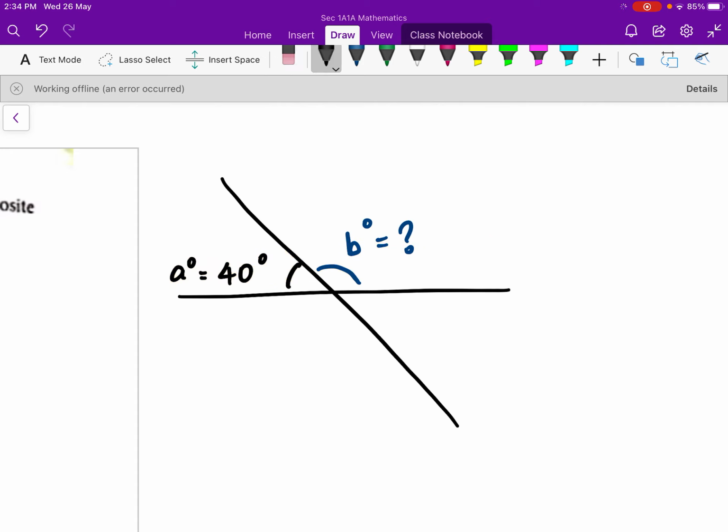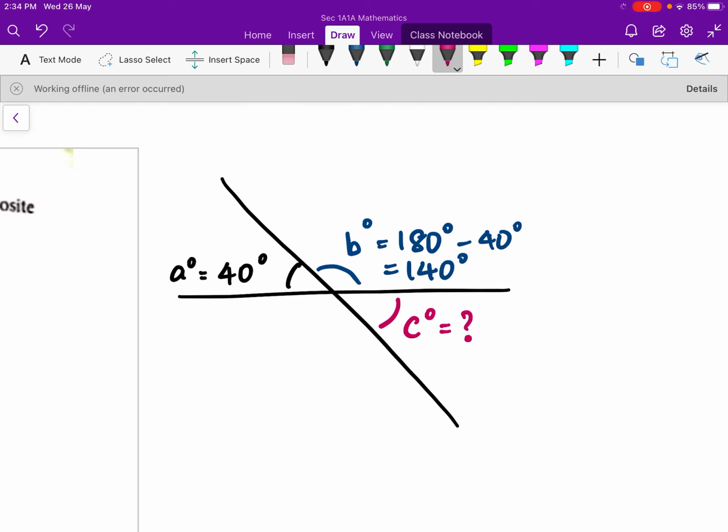So we will be able to calculate the value of B by using 180 degrees minus our angle A, which has a value of 40 degrees, to give us 140 degrees. Okay, now the next part, I am actually interested in this angle. Let's call it angle C. I want to find out this value.